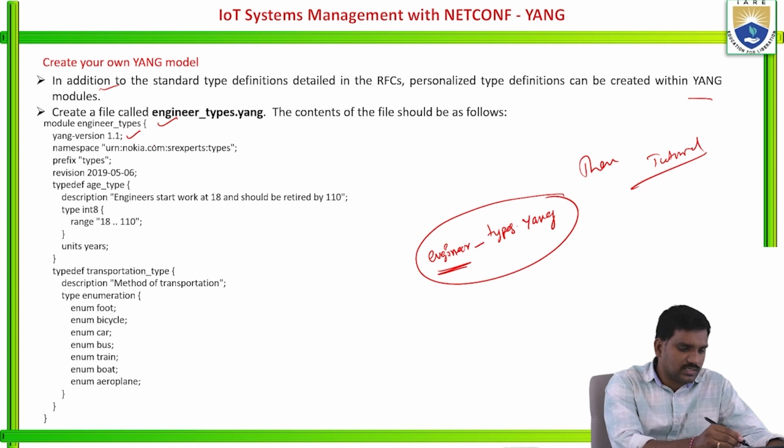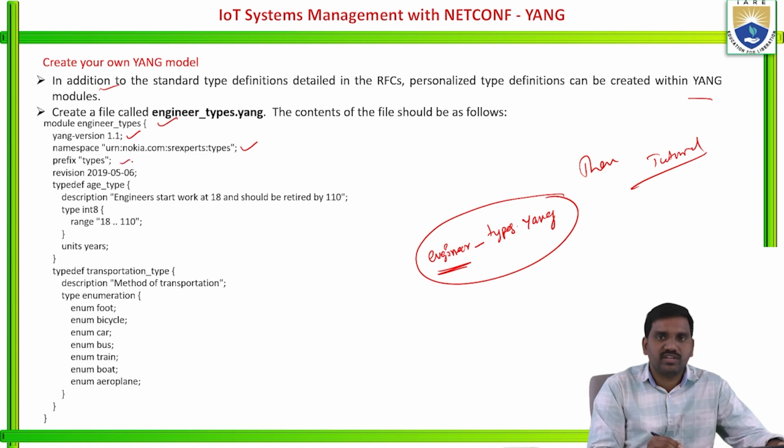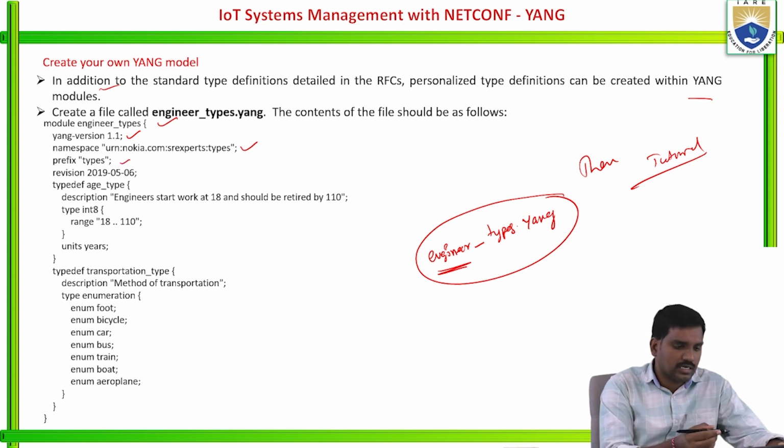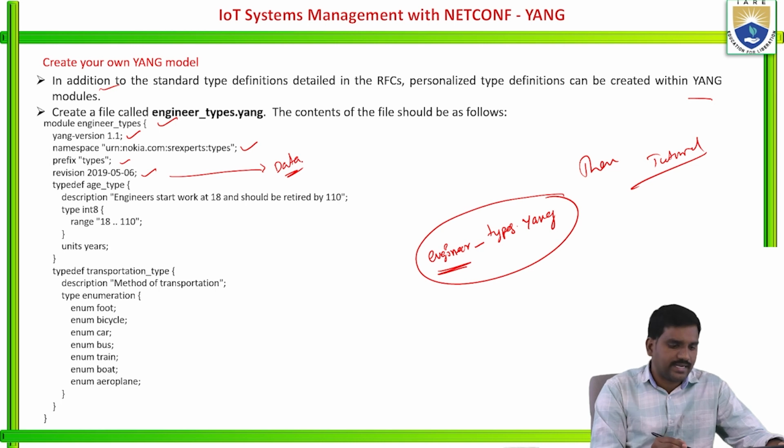Next, namespace, in inverted commas: urn:nokia.com:sr:expect:types. Next, in order to define the prefix, we use types. Next, revision, which is nothing but the date. You have to define the date also.